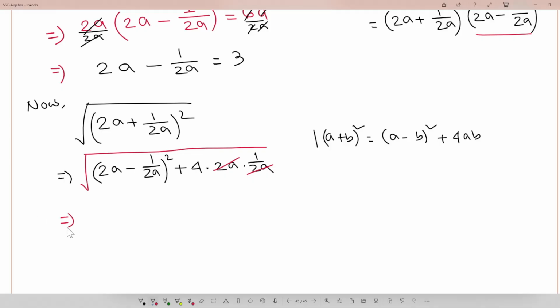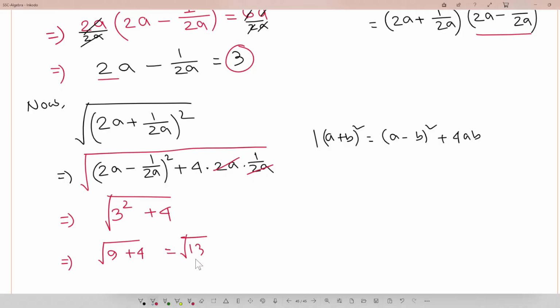Now look, we already get 2a minus 1 by 2a, it will be 3. So again this one we can write 3, and here is square plus 4 and square root. So what will happen? 3 square, it means 9 plus 4 square root. So 9 plus 4 is 13. So our answer is root 13, but it's not a final answer.